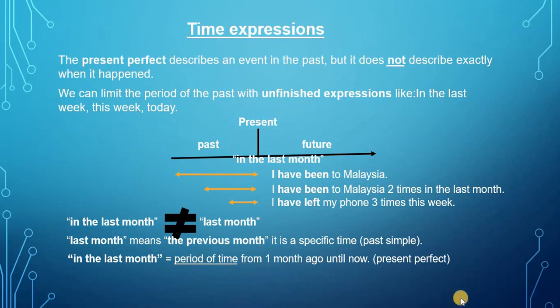Present perfect. Alright? So we use the present perfect. We are just making the period in the past shorter, but still an unspecified moment during that period. Alright?